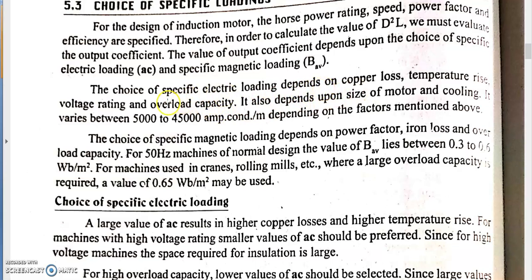Current rating will decide the overload capacity, and temperature rise will depend upon the voltage rating. So these are the factors we have to consider while choosing the specific electric loading value. And specific magnetic loading depends upon, as it is the magnetic circuit, power factor, iron loss and overload capacity.